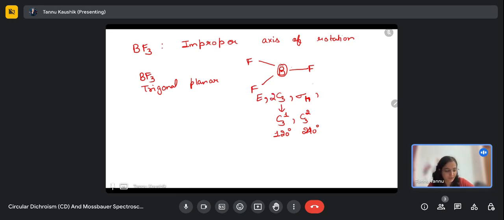We will have the horizontal plane, three vertical planes, and now the number of S3 improper axes of rotation. So now we will have two S3 axes of rotation, that is S31, S32, and then S33 is basically the identity operation only.